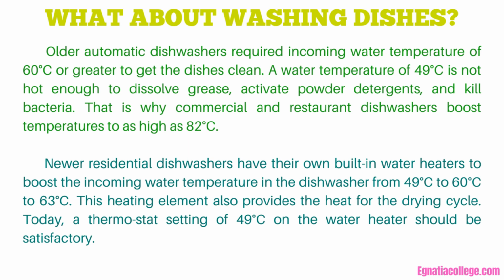Newer residential dishwashers have their own built-in water heaters to boost the incoming water temperature in the dishwasher from 49 degrees Celsius to 60 to 63 degrees Celsius. This heating element also provides the heat for the drying cycle. Today, a thermostat setting of 49 degrees Celsius on the water heater should be satisfactory.